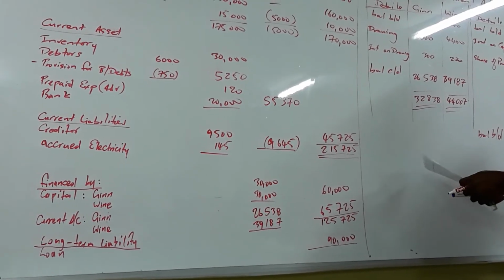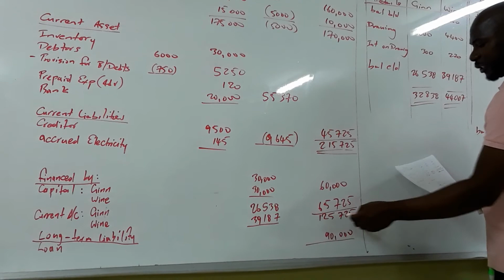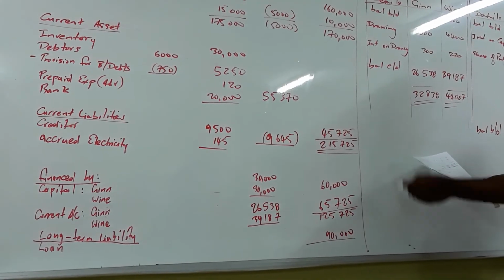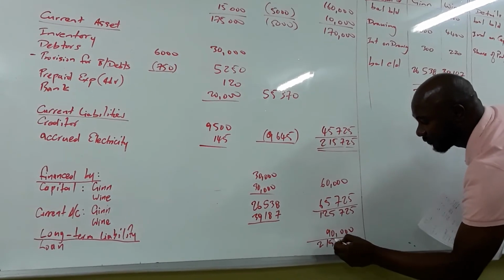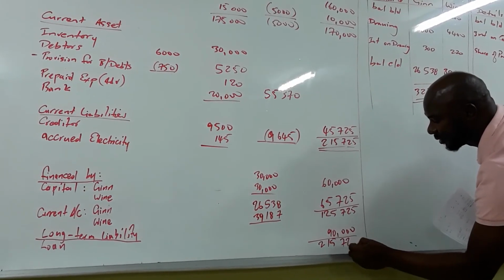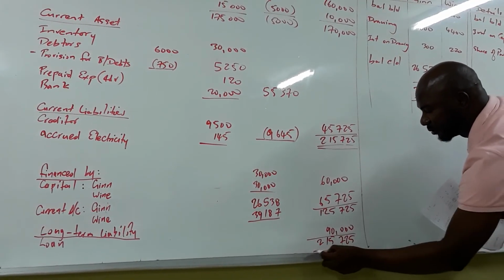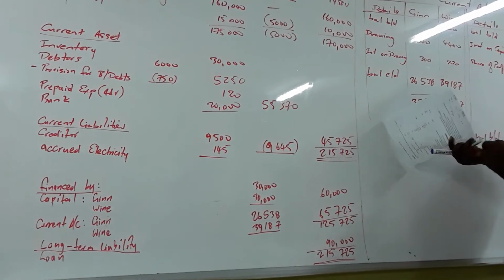So when we add the 125,725 plus the 90,000, it should give us a total of 215,725, thus balancing our balance sheet.